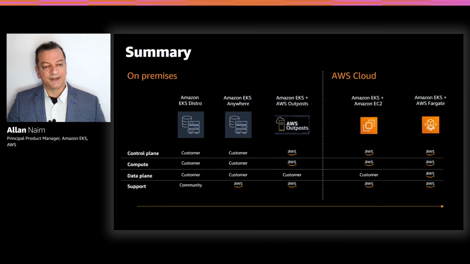In summary, with the addition of EKS Anywhere, Amazon EKS now works with any compute capacity, whether in an AWS region, Amazon Wavelength, Amazon Outposts, or on your existing hardware, whether it's bare metal or virtualized in your on-premises environment.